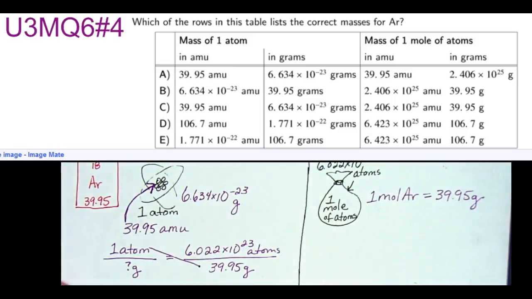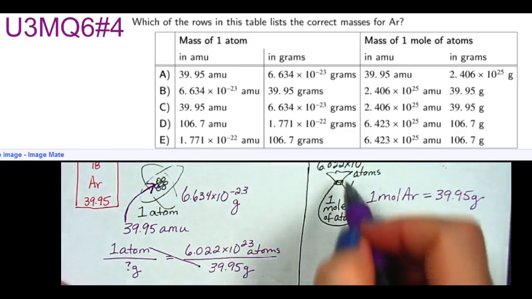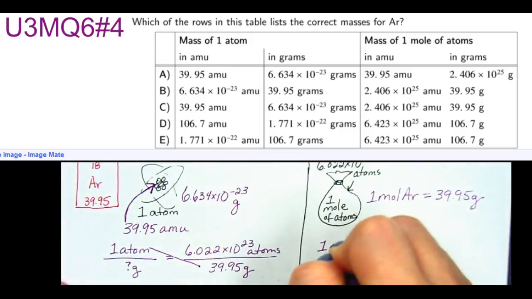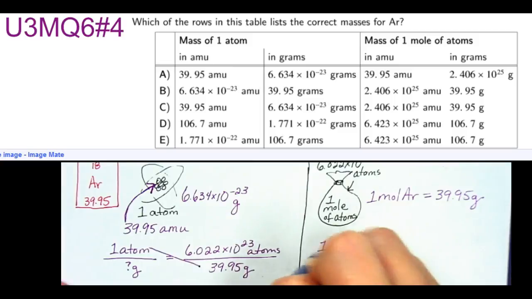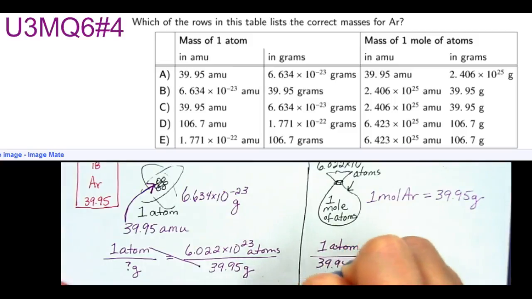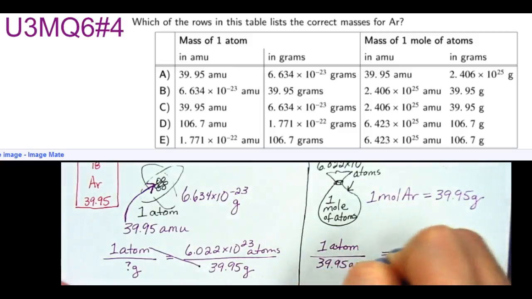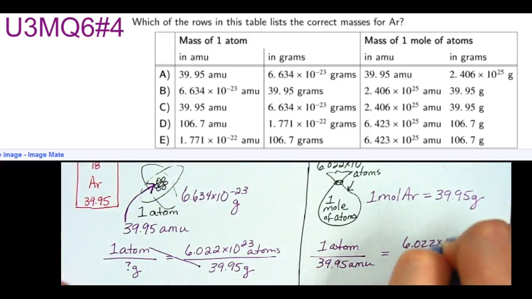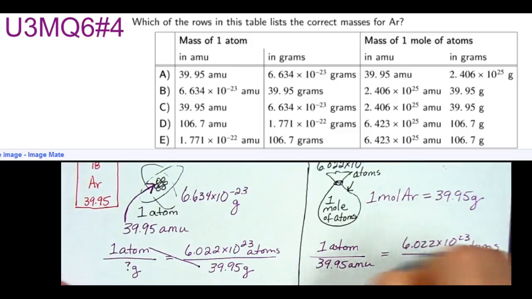How many atomic mass units total are there if I'm dealing with 1 mole of atoms? Well, if one atom is equal to 39.95 atomic mass units, then 6.022 times 10 to the 23rd atoms would be equal to how many atomic mass units?